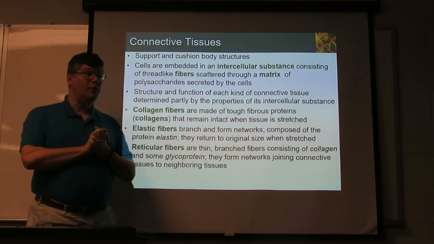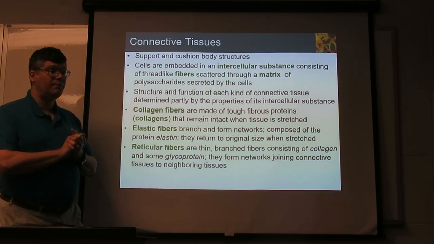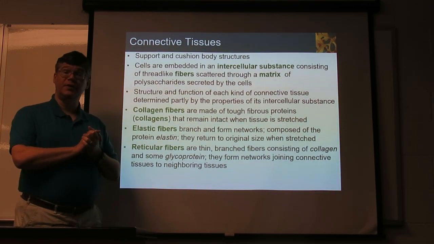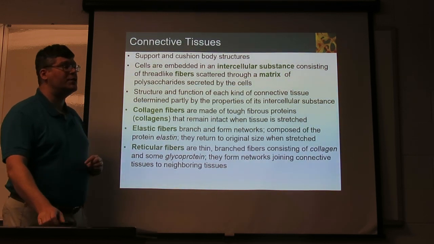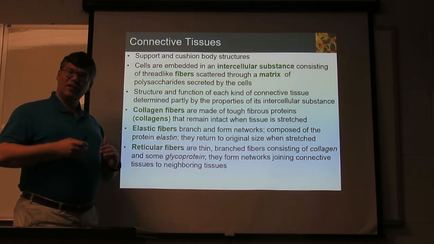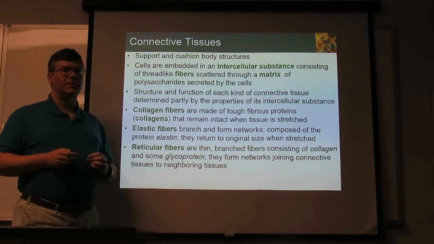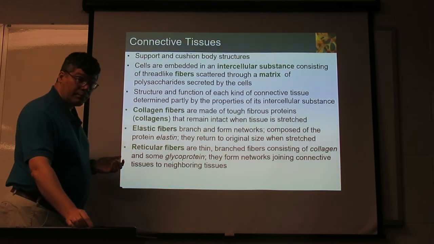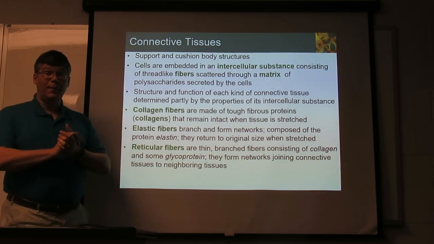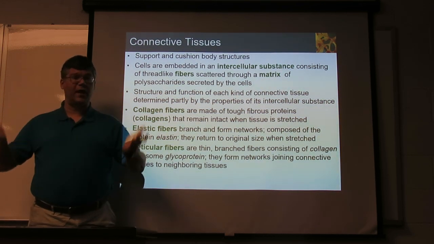From epithelial, we move to the connective tissues. As the name suggests, a lot of these play a major role in helping hold things together and support things. For example, skeleton, that's made of connective tissue. But it's something of the everything else category, kind of like the ground tissue was in plants. Way back with cells, we noted that in addition to the cell itself, characteristically there's stuff outside.